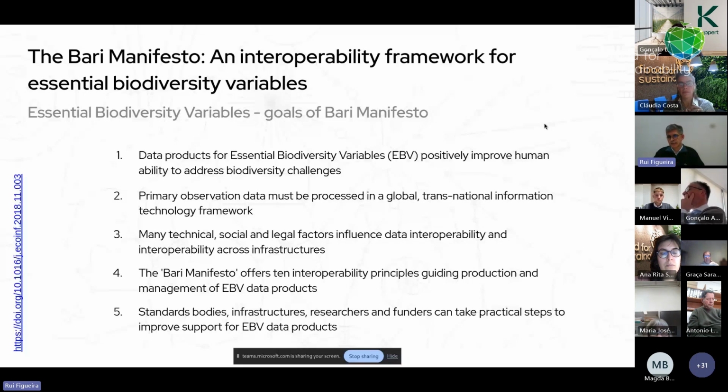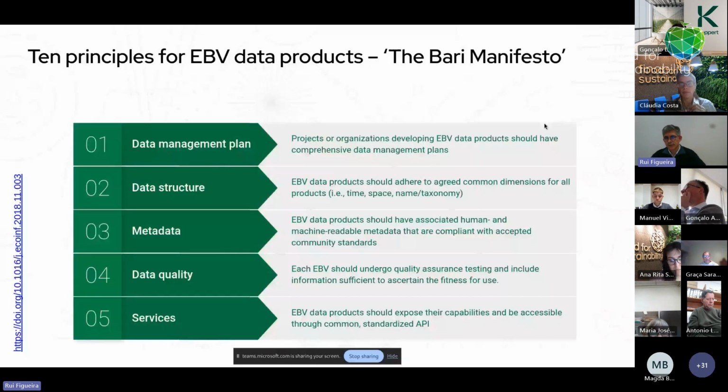So that relies on a series of principles that were proposed in this Manifesto framework. And that goes through 10 principles. One is that we should support our studies and our data mobilization on data management plans that define the conditions, how data is made available and used and also archived for future purposes.